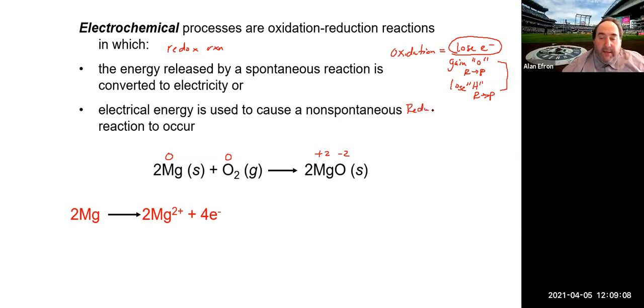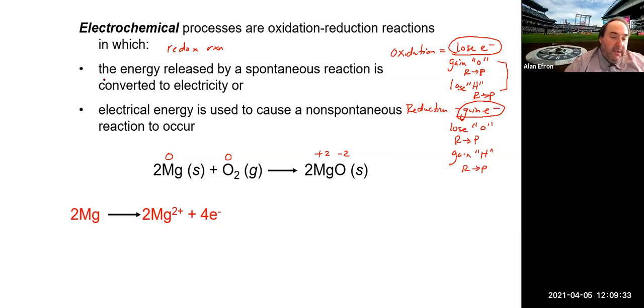Reduction, by the way, means that somebody has gained electrons. It also has the opposite definition for oxygen and hydrogen: loses oxygen as you go from reactants to products, and gains hydrogen, which is usually H2. Again, in general chemistry, we often deal with the electrons.